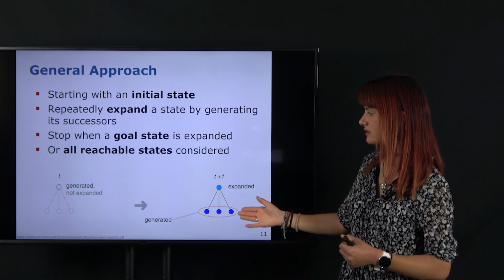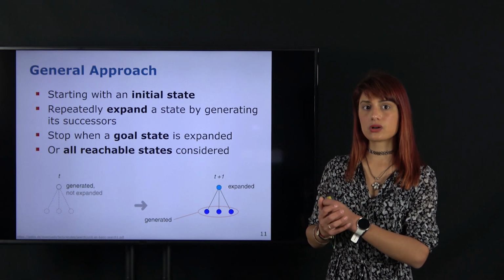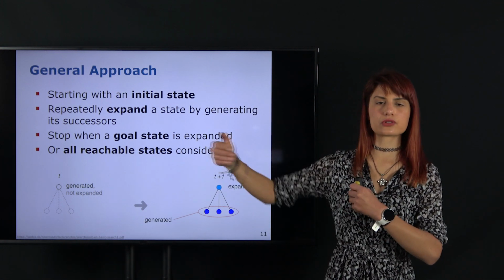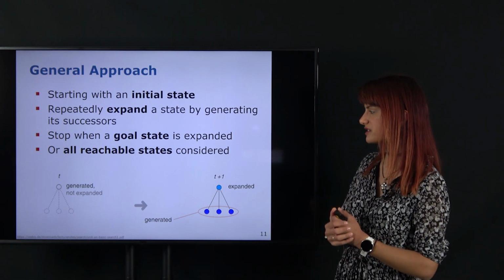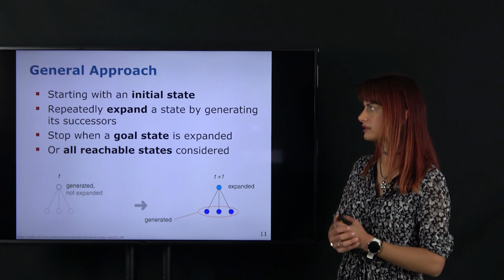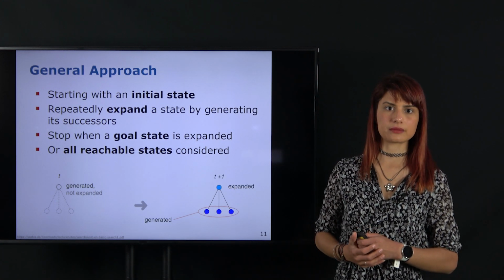And when we expand our node, that simply means that we generate its children. So we go a step deeper, a step further into the tree. And these are two key concepts and steps that we need to understand in search-based algorithm searching.